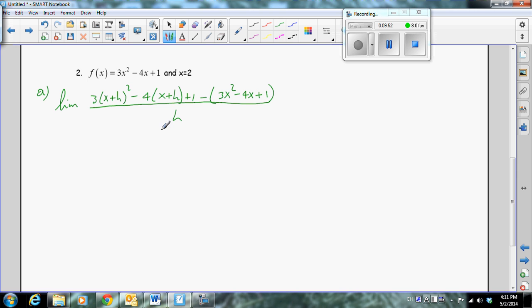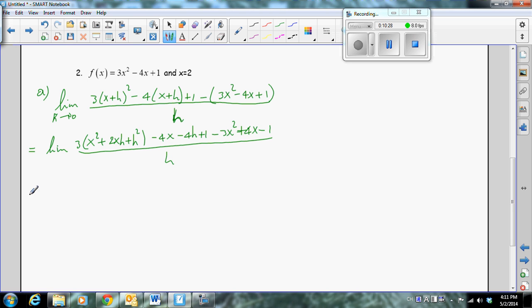So if you find this limit as h goes to 0, it will be equal to the limit of, I'll go ahead and expand this one. The 3 will multiply, actually let me show my step here. 3 times x squared plus 2xh plus h squared minus 4x minus 4h plus 1 minus 3x squared, actually plus 4x minus 1, all over h.